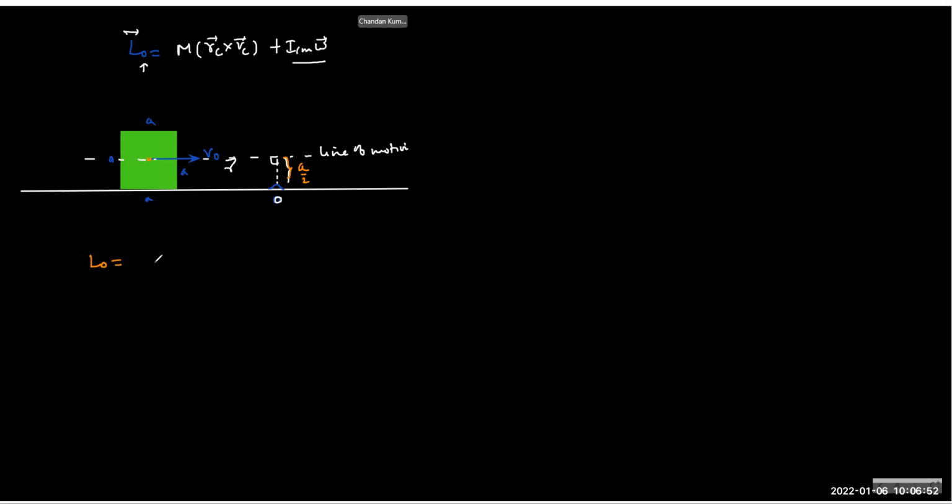The angular momentum is clockwise or anti-clockwise? Tell me. Clockwise. So now what we can write here is the mass of the body, and what is the angular momentum value? So I can write m v naught into a by 2, clockwise. Correct?